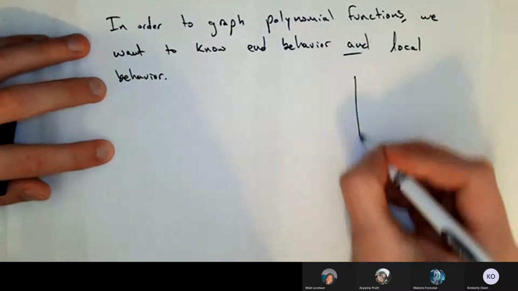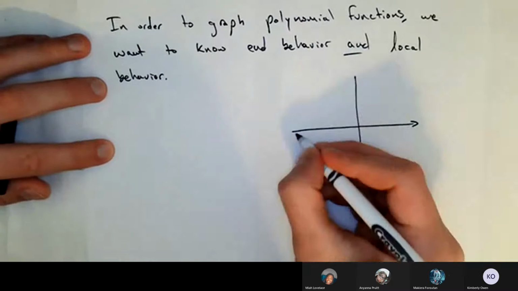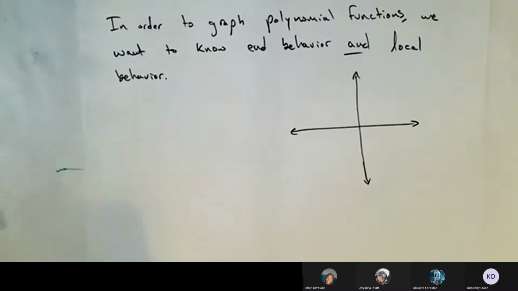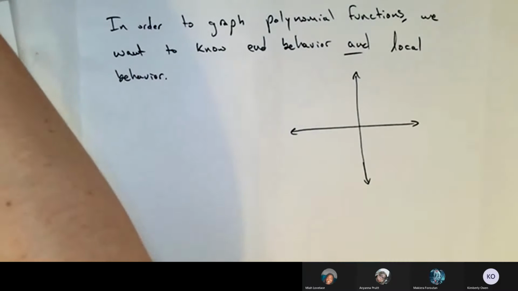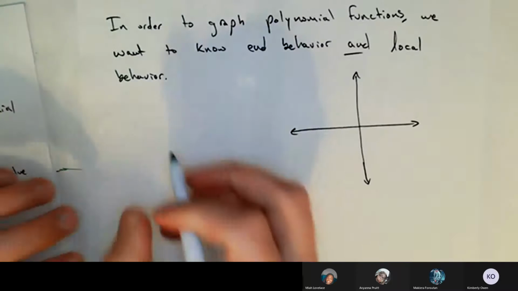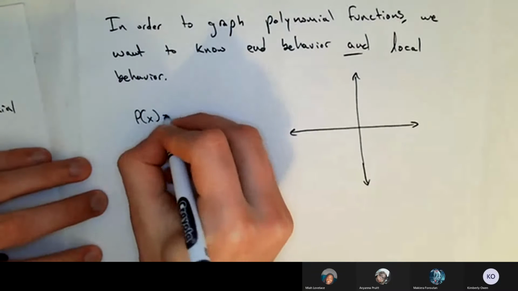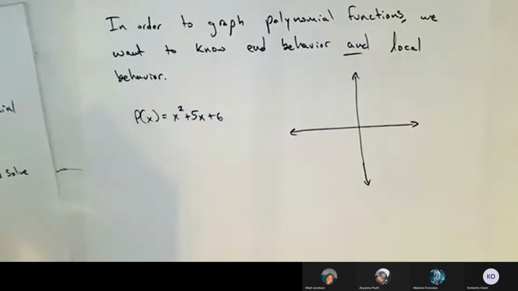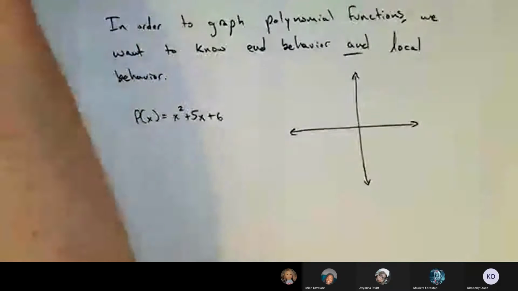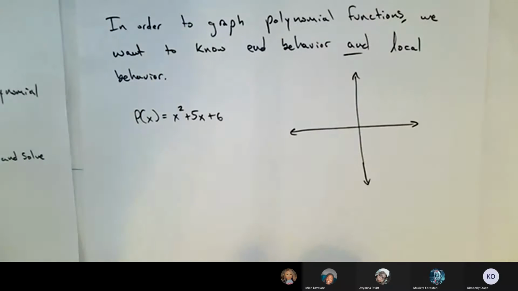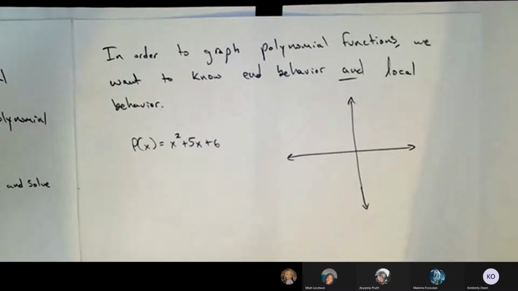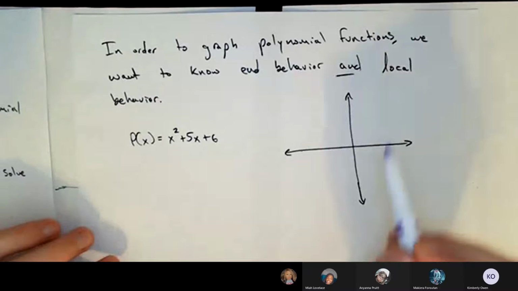I'll give you a picture of what I'm talking about. I'll use the one that I wrote back here, and let me write it down again on this page. This function is a quadratic function, so I already know that this should be a parabola.